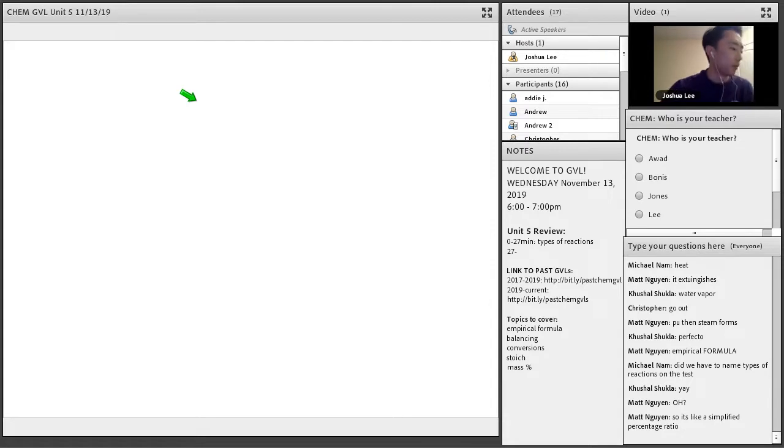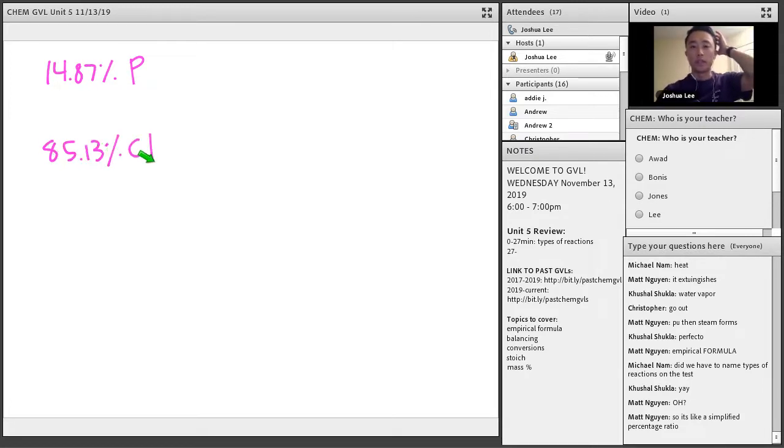All right, this one. We have 14.87% phosphorus and 85.13% chlorine. So you have this random chunk of whatever, and it tells you, hey, 14.87% is phosphorus, and the 85% is chlorine, somewhere in this molecule.